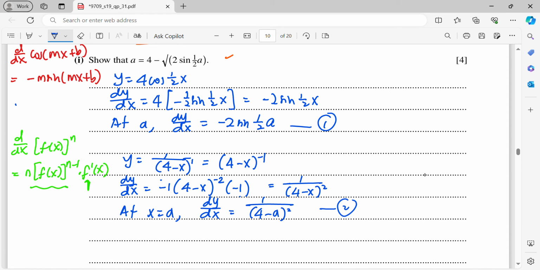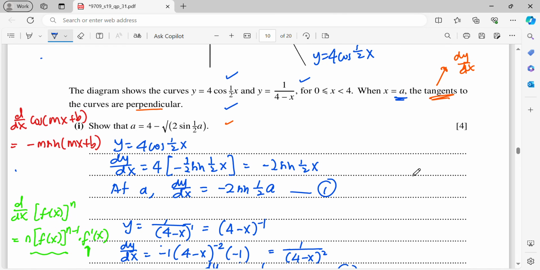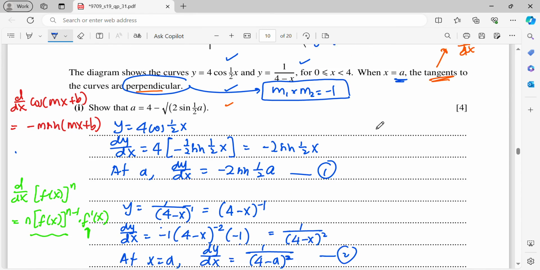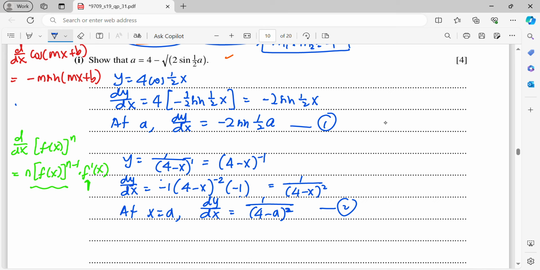Now, it's mentioned that they are perpendicular to each other. So if you still remember, if two lines are perpendicular to each other, it means that m1 times m2 equals minus 1. The product of the gradients will be minus 1. So I'm going to use this concept to solve this question. So now, first times second, it will be minus 1.